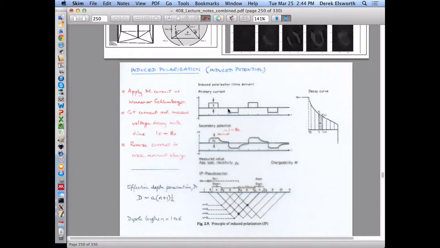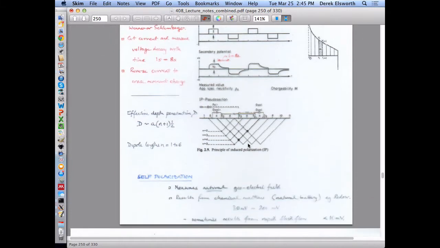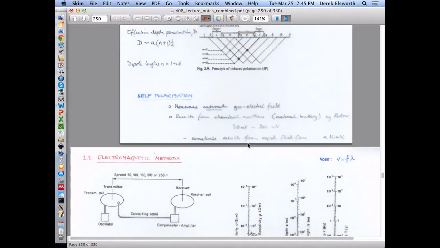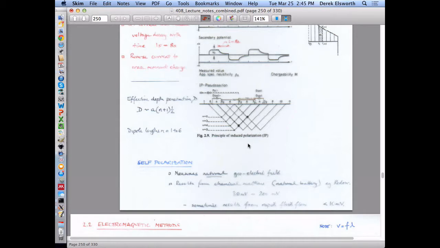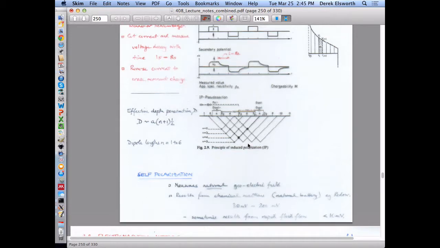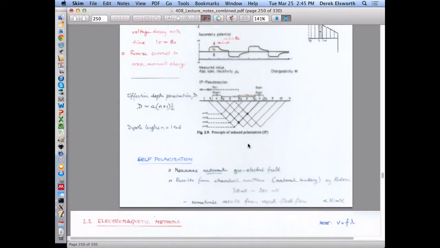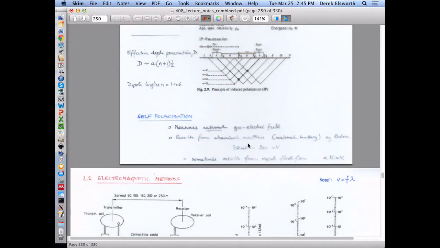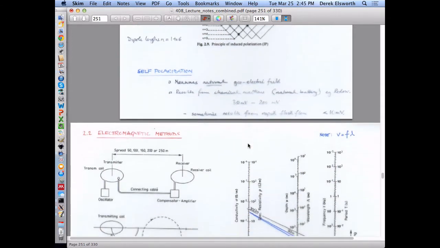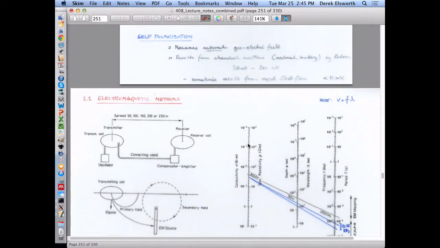If you put the negative current on, then you'll build up the opposite voltage potential, and as you turn it off, it'll decay again. So the idea is that by seeing something about the rate at which it decays, you can say something about the target. It's not used in environmental methods very much, but that's just the methods. Too exotic. But by far and wide, the standard DC method is the way to do it.